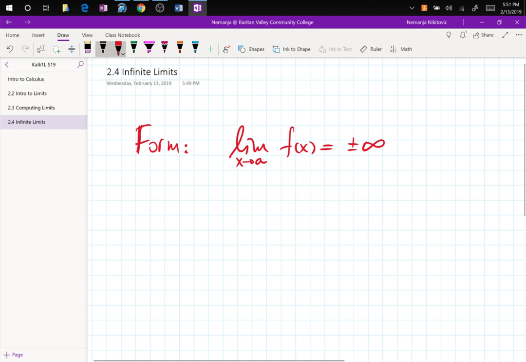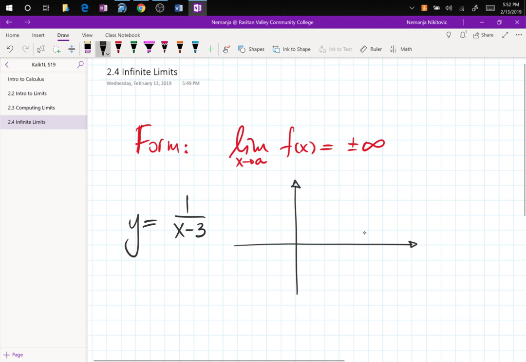A good example of this would be the function, say, y equals 1 over x minus 3. We know that this minus 3 on x shifts the function 3 units to the right.